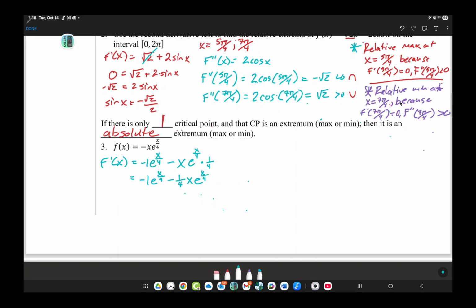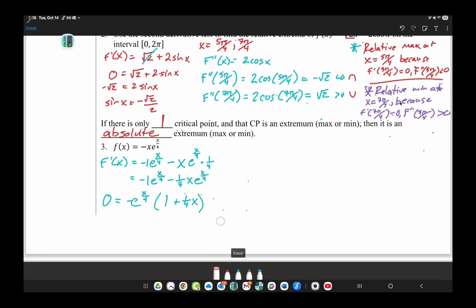Now, the nice thing here is, if we want to find where this is equal to 0, we can factor out the e to the x over 4, or even the negative e to the x over 4, which is going to give you 1 plus 1/4 x.